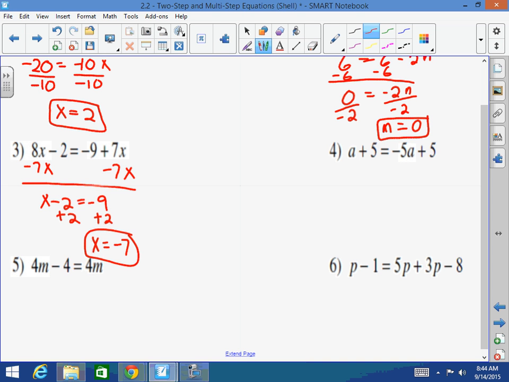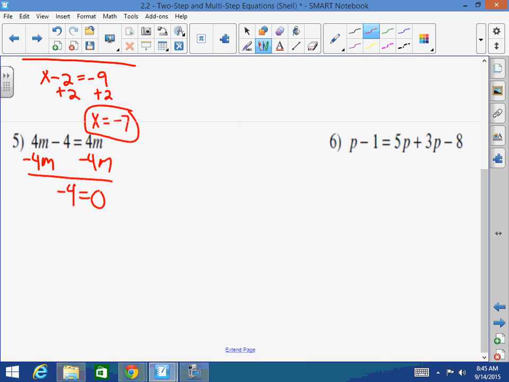Okay. Now, sometimes you get false statements. And when you have a false statement, it's no solution. And number 5 is an example of that. I don't have any distributive property. I cannot combine like terms on either side, but I can move the variables together to one side. So I'm going to subtract 4m from both sides, and negative 4 equals 0.